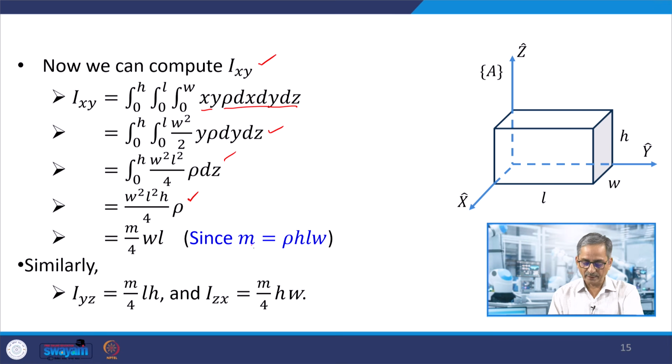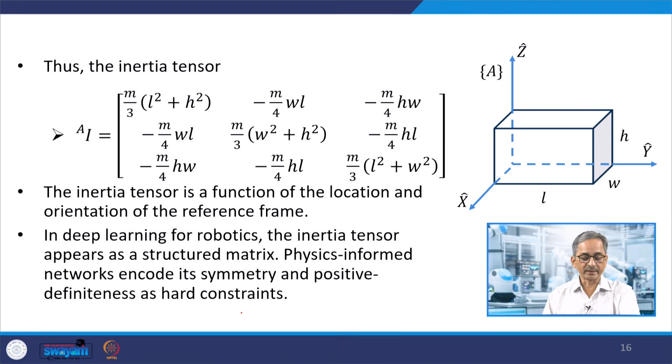If I represent mass as rho h L w, I get m by 4 w L. So, in Ixy I get x and y terms only, where x is w and y is L. For Iyz I get y and z terms, and for Izx I get z and x terms, which are h and w. This way I can complete the inertia tensor, which is a 3 by 3 matrix.